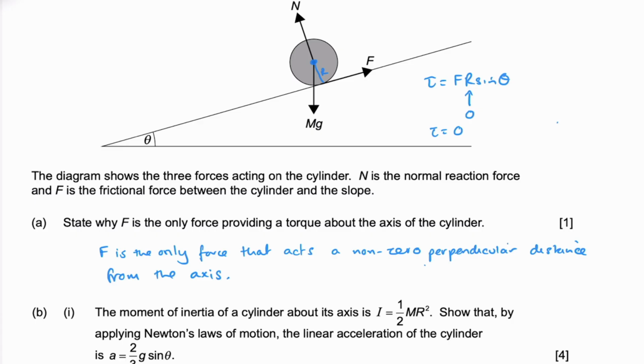If you imagine we have an axis here and a force acting on a rod there, we're interested in this distance here because it's the component of force that acts perpendicularly to the axis. So when you're talking about distance from the axis in torque, I would always talk about the perpendicular distance from the axis.